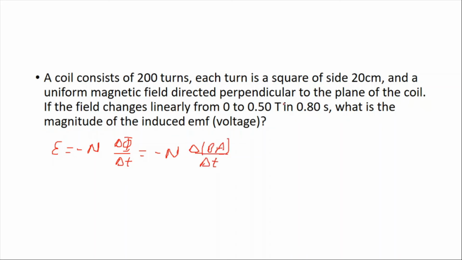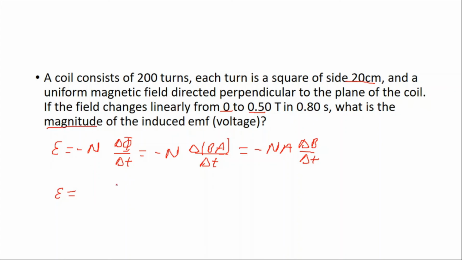In this question, the area is not changing, the magnetic field is changing from 0 to 0.5, and the number of turns is not changing either. So I'm going to write n times A times delta B over delta t. Then the induced electromotive force, or voltage, will be equal to what? I'm not going to use the negative sign here. We are asked to find the magnitude of the voltage.